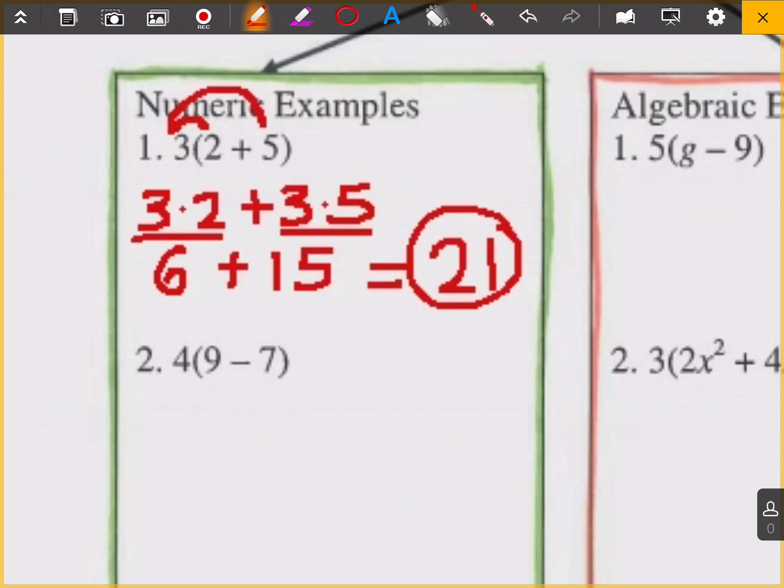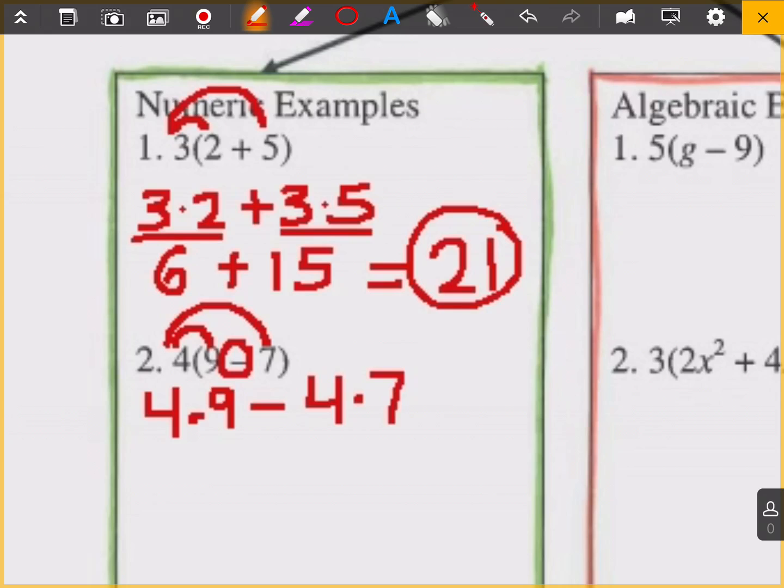We're going to do the same thing here with number 2. So we have 4 times the value of 9 minus 7. So we're going to distribute that 4 to both of those values. So we're going to rewrite it as 4 times 9 minus, because there's a minus sign here instead of a plus sign like up top. And then we're going to do 4 times 7.